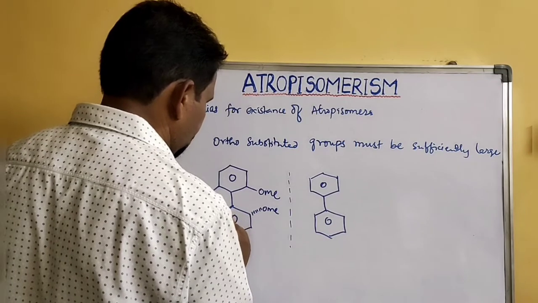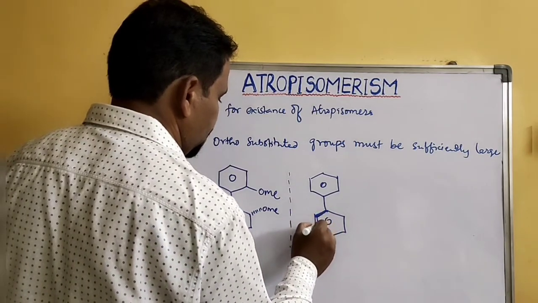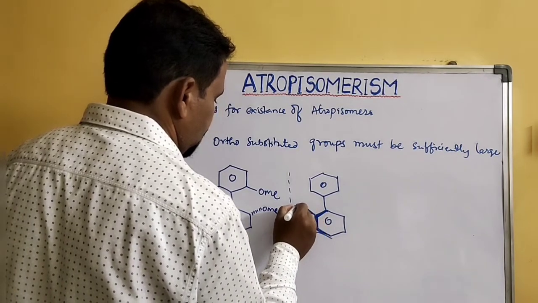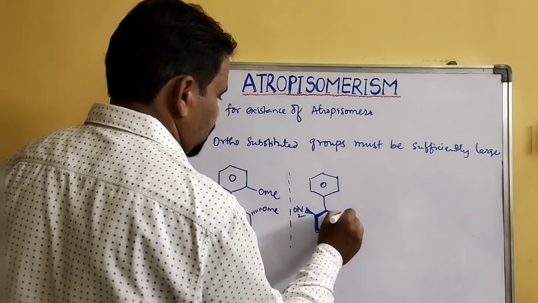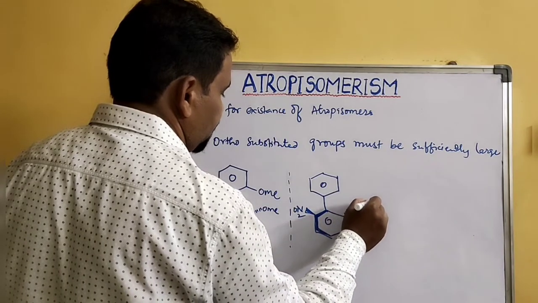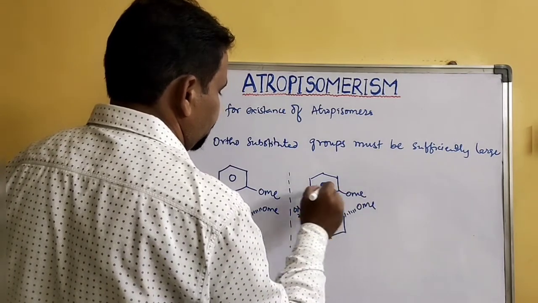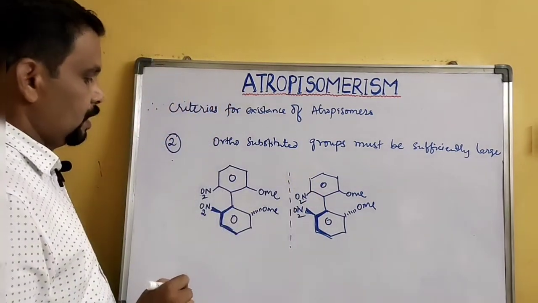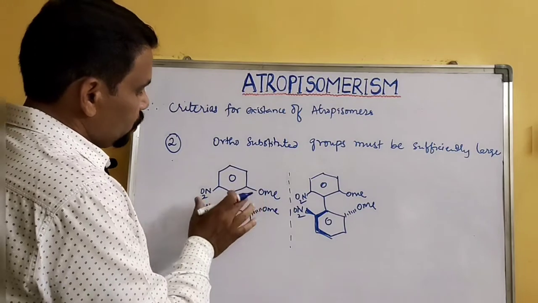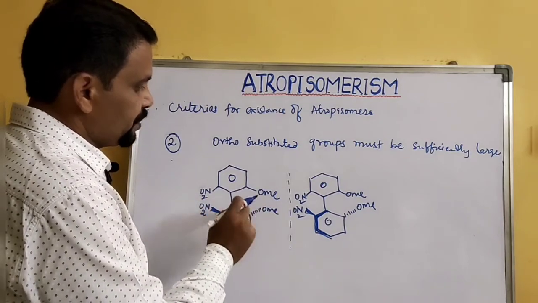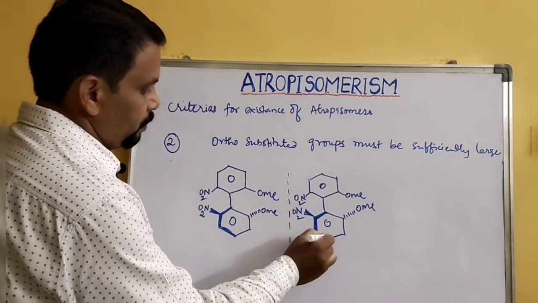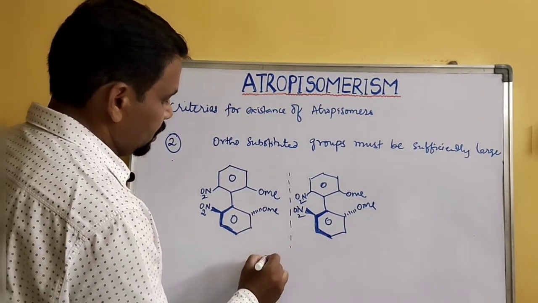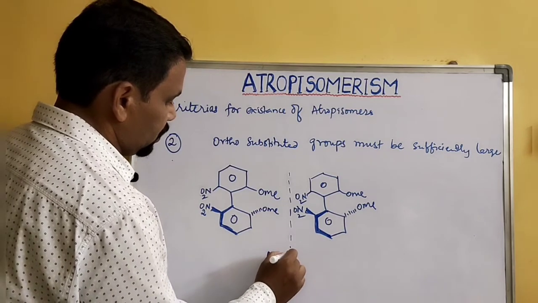So this is the outer plane of ring. NO2, OMe, NO2. So here the ortho substituted groups are sufficiently large, therefore these two isomers exhibit heteroisomerism.